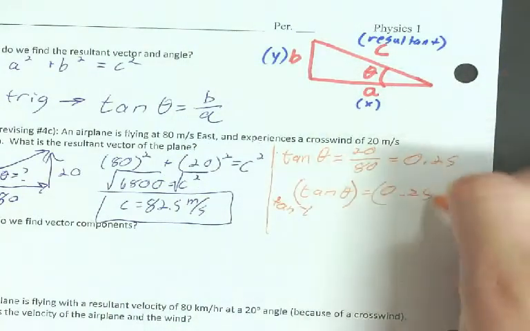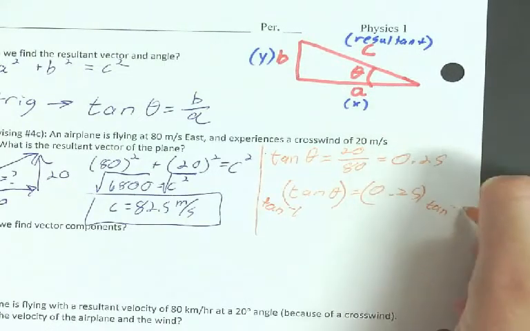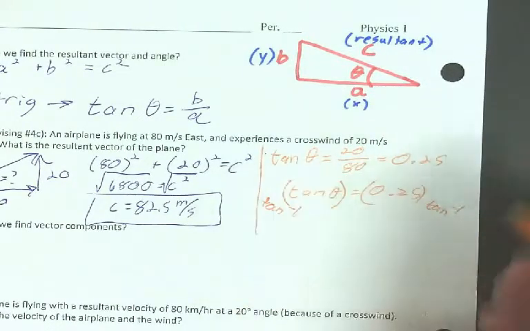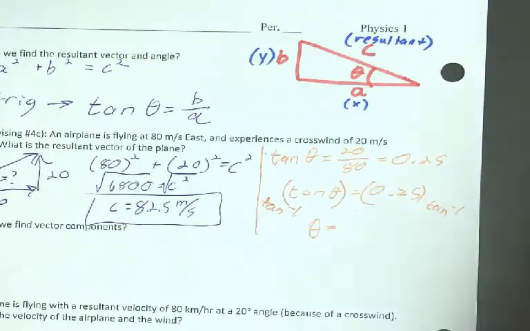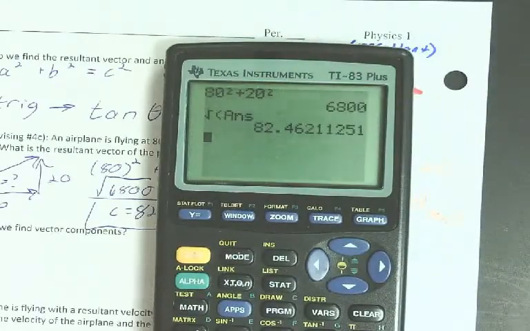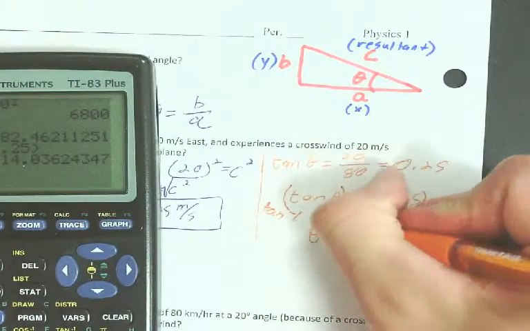I'm doing the tan^-1 on both sides. So tan^-1 of tangent theta is just theta. So now I do the tan^-1 of 0.25. Okay? So tan^-1 of 0.25 is 14.0.